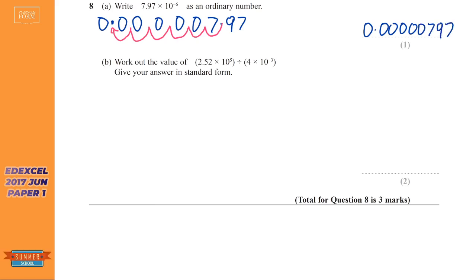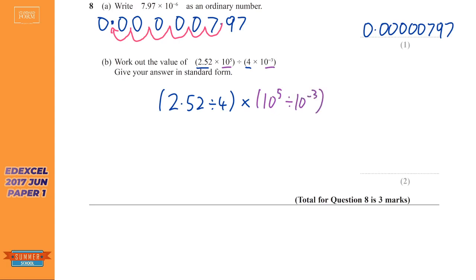Okay, now with this next one, we've got two standard form numbers, and this time we're dividing it. Now, when you multiply or divide, there's a quick way of doing it. When you're adding and subtracting, you have to convert them to normal numbers. So when you're multiplying and dividing, what you do is you pair up these numbers here, and you pair up these numbers here. Okay, so how that works is you end up with 2.52 divided by 4 times 10 to the power of 5 divided by 10 to the power of -3.